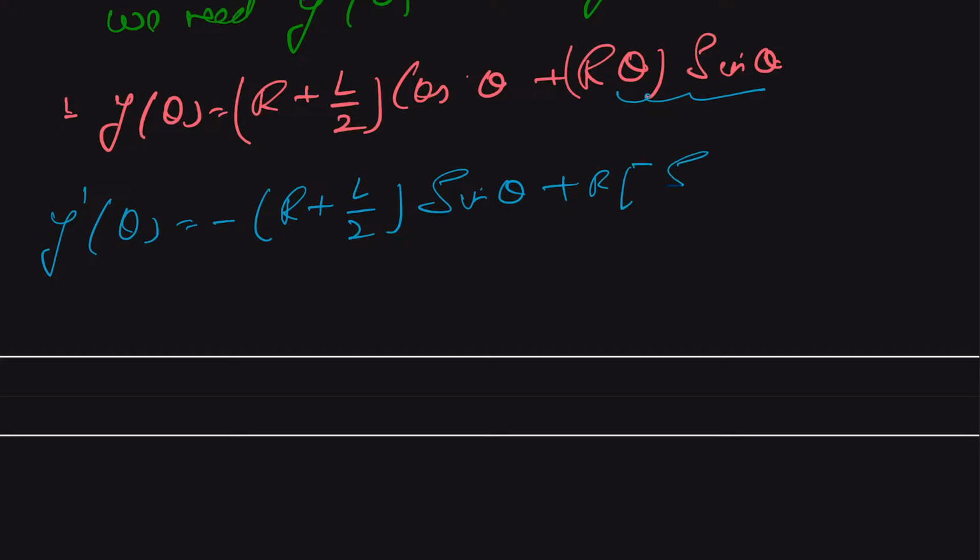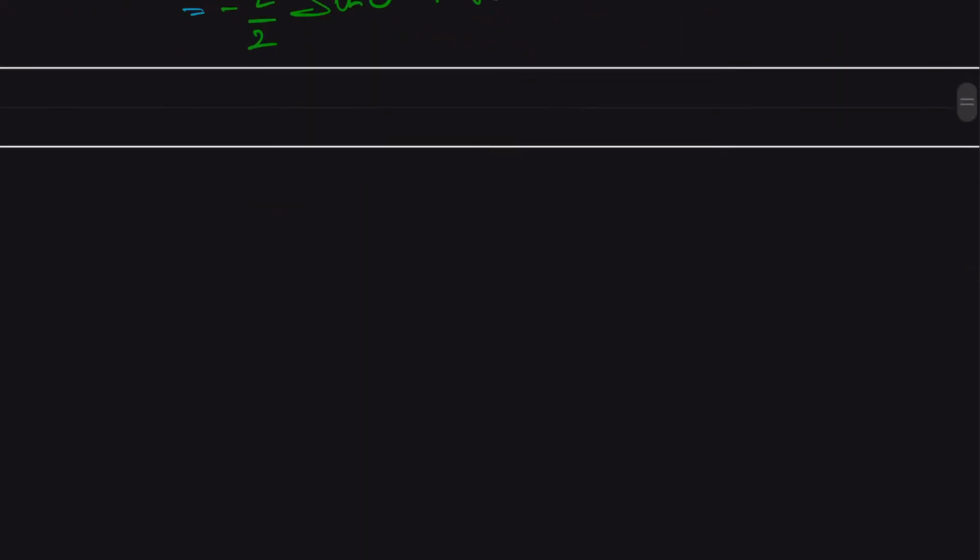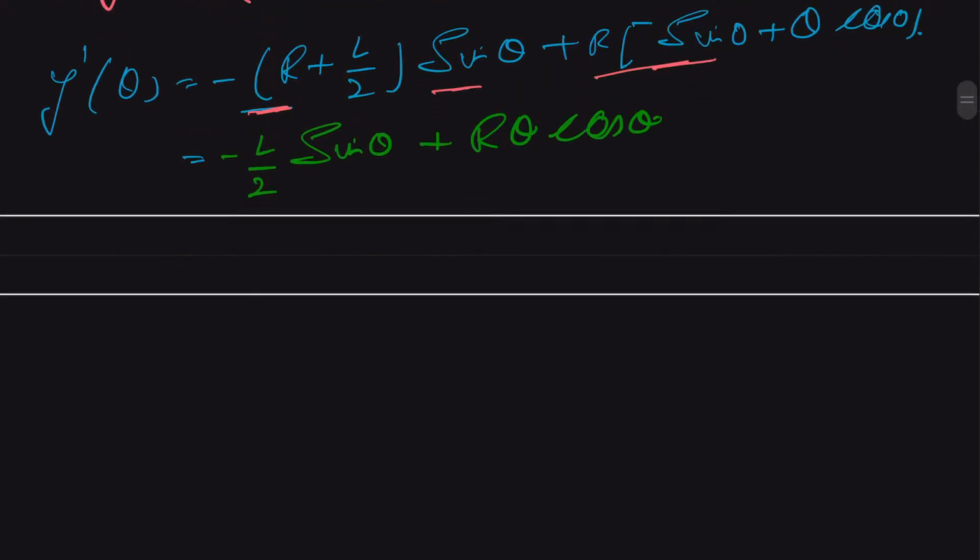The first term will be sine of theta plus theta cos of theta, and from the first part we get minus r sine of theta, and this will be plus r sine of theta, so that can cancel out. So from here we get minus L by 2 sine of theta plus r theta cos theta. Now we put theta equal to 0.